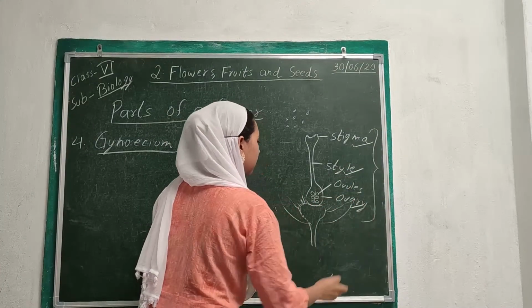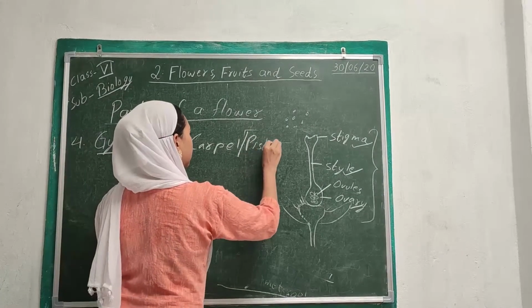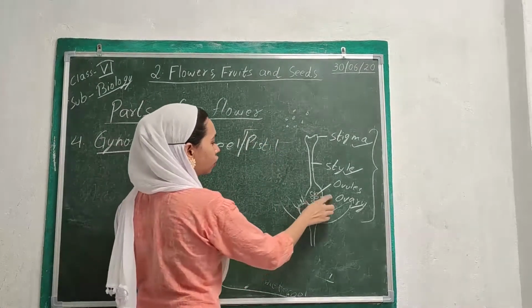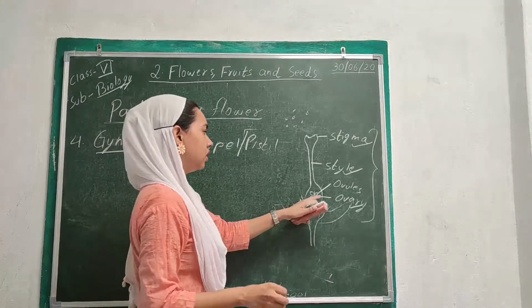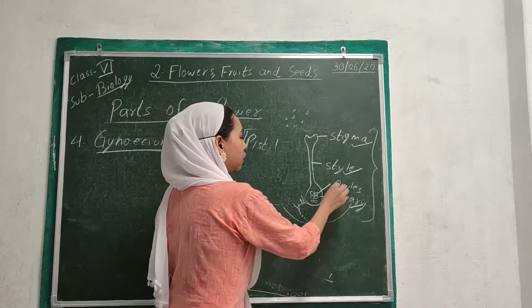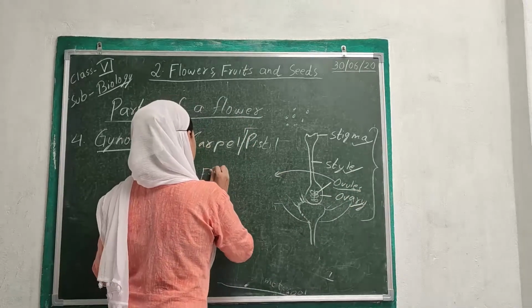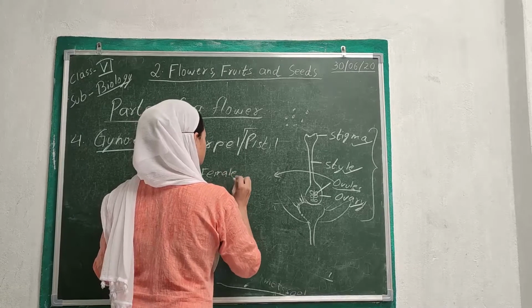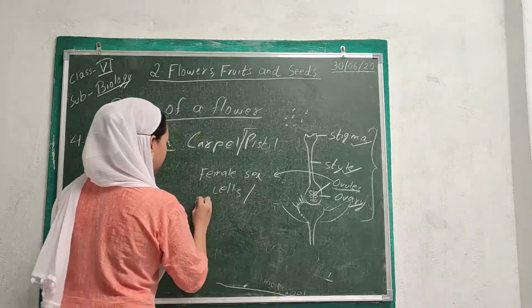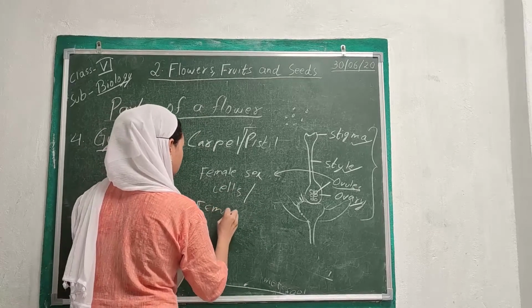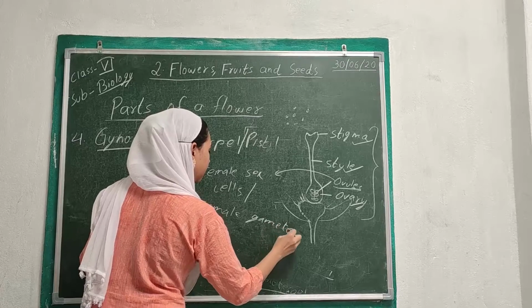These 3 parts together make up the carpel or the pistil. Now these ovules contain the female sex cells, also known as the female gametes.